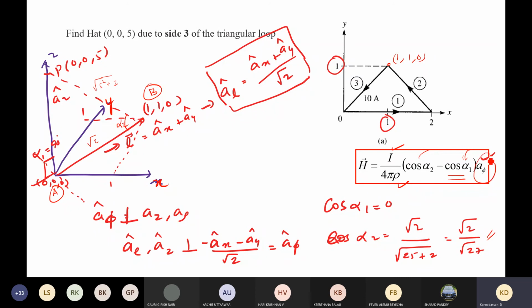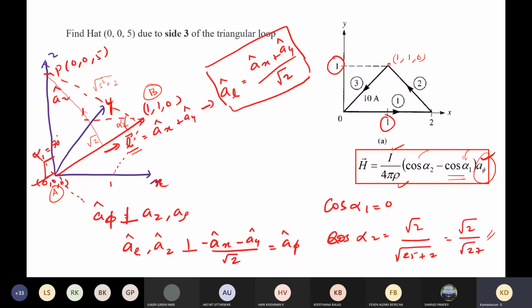The question is all about the direction of the magnetic field, and how to define this unit vector. We are supposed to remember that the unit vector has to be perpendicular both to the line vector and, at the same time, to the line joining vector, the vector from here to here.